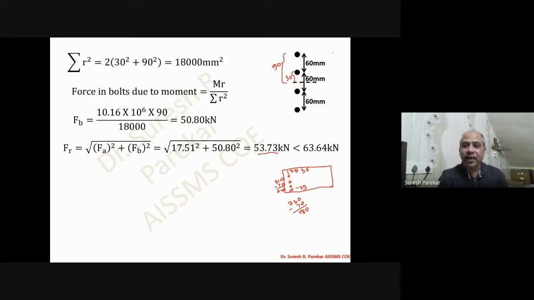In this way, we have decided this distance between the bolts, and now both criteria are satisfied, that is for your intermediate battens also and for your end battens also.